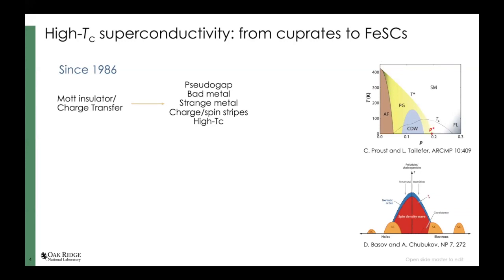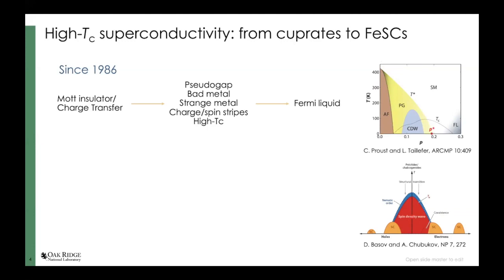From the high energy scale to the low energy scale, you have pseudogap, bad metal phase, strange metal phase. You have charge or spin stripes or density waves, and eventually you get high temperature superconductivity. And if you keep doping your system, you end up in a Fermi liquid phase on the heavily overdoped side.